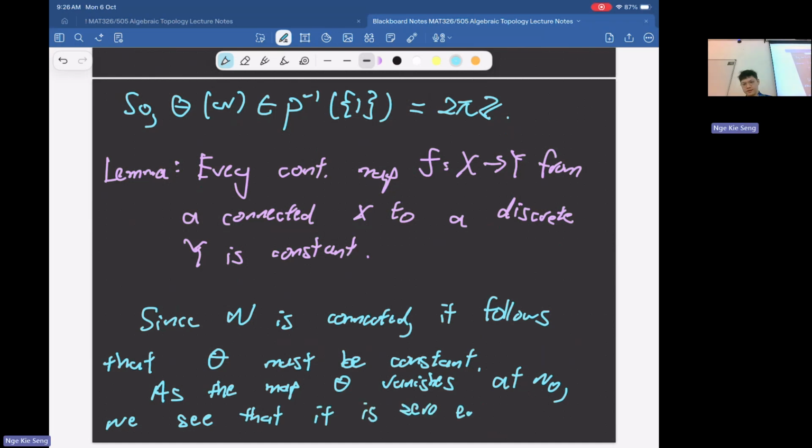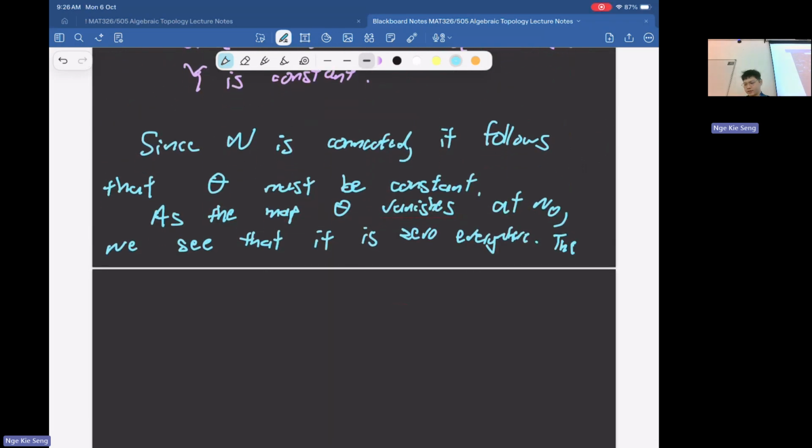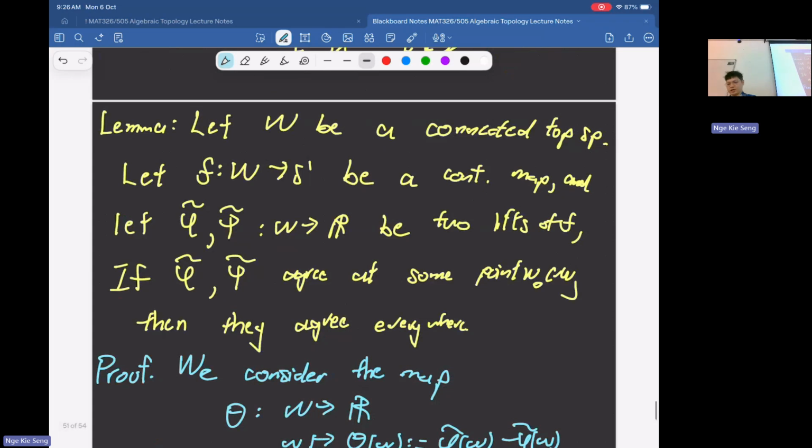Okay, so connectedness is pretty important in this chapter, because the items we consider are paths, so connectedness, in particular path connectedness, is very important. This is an important fact. We're going to keep using this. If you have two lifts that agree at some point, they have to be the same already.